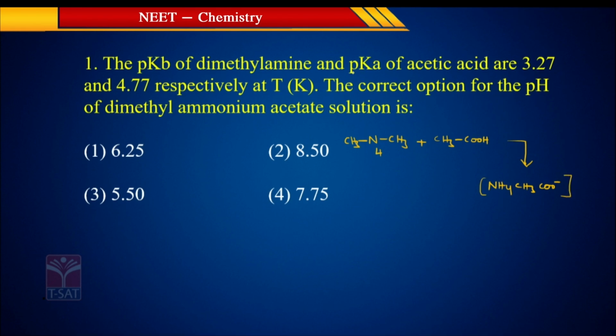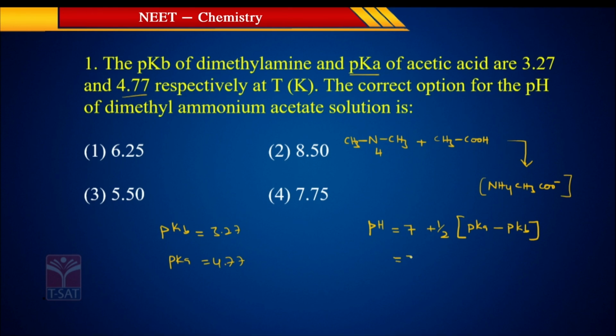When pKa and pKb are given, the formula to calculate pH is: pH equals 7 plus half into (pKa minus pKb). pKb is given as 3.27, and pKa is 4.77.